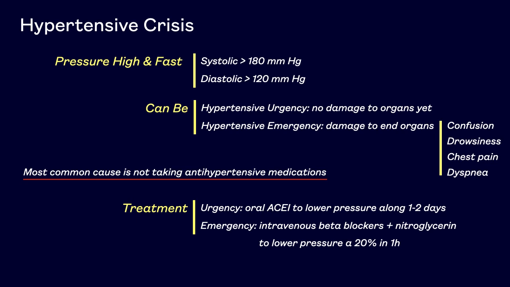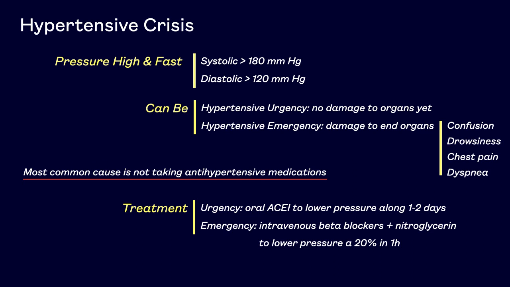With hypertensive urgency, there hasn't yet been damage to end organs like the brain, kidneys, heart, or lungs. But in a hypertensive emergency, there is damage to end organs, and the patients have symptoms like drowsiness, chest pain, or dyspnea, which is the difficulty to breathe.